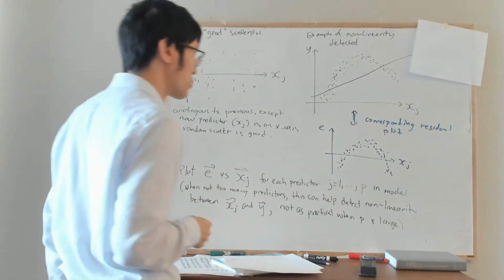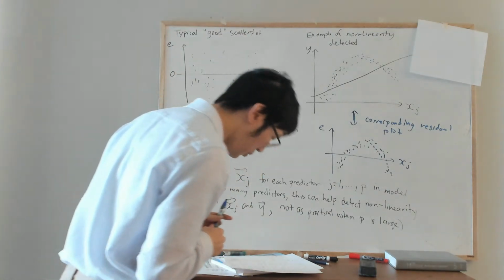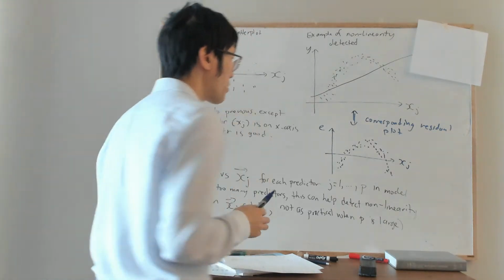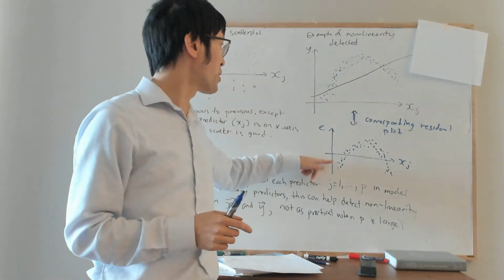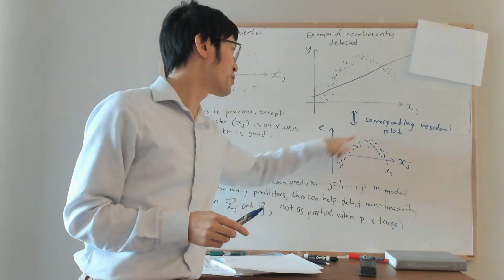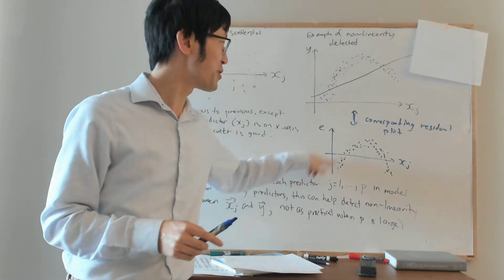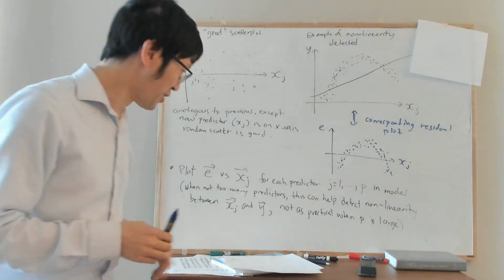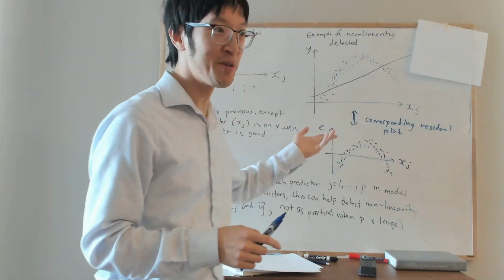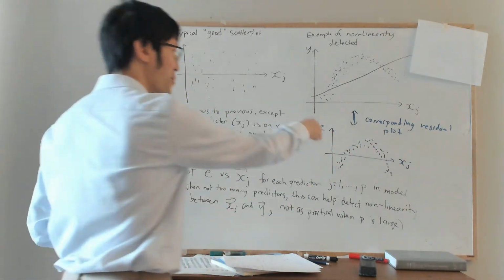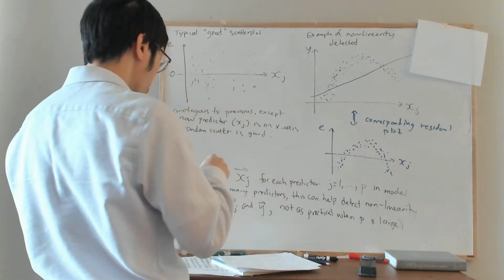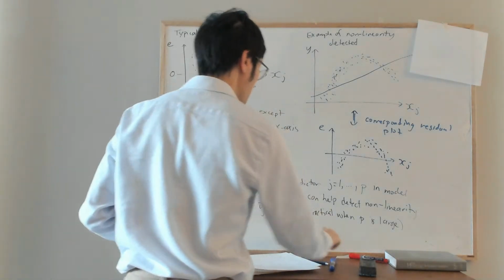That suggests that there's some nonlinearity going on. As my first regression professor once said, if the residual plot frowns at you like this, then you need to perhaps do something to fix it. Likewise, if it smiles at you, it's not necessarily good either, because that would also be a nonlinear relationship.